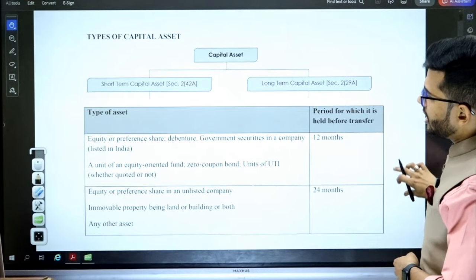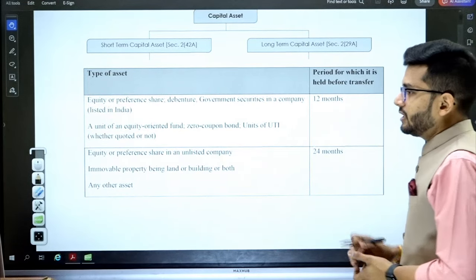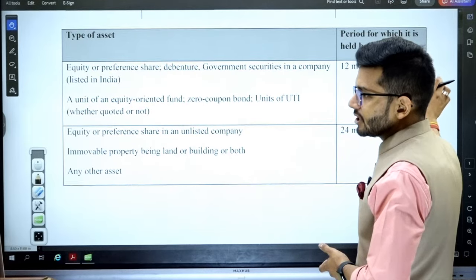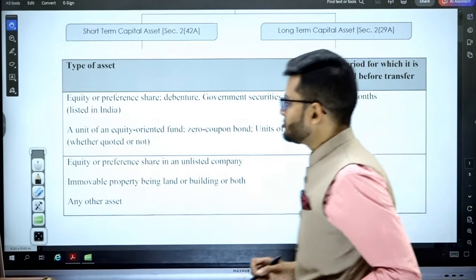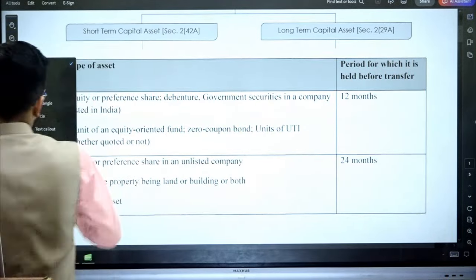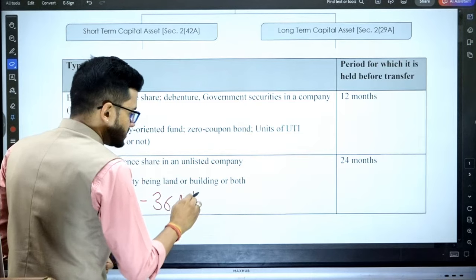So if you look at this particular chart, this will give you the brief of the amendment which has come by in this particular regard. So the only change: earlier, any other assets were coming in the third category, which is 36 months.